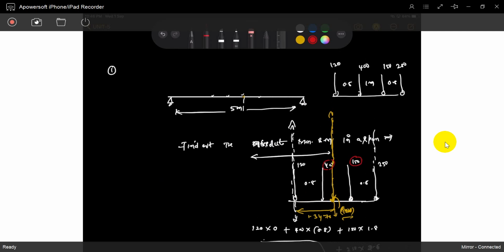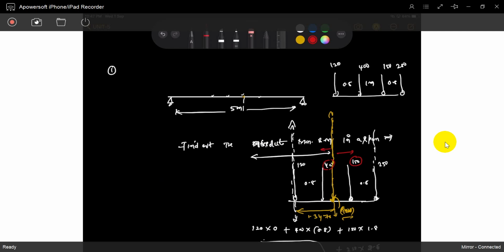Under which load will you get the maximum? Absolutely 400. So you will consider the right side and left side of the center of gravity of the loading system, because most probably those are the maximum bending moment chances. You will check 150 and 400.